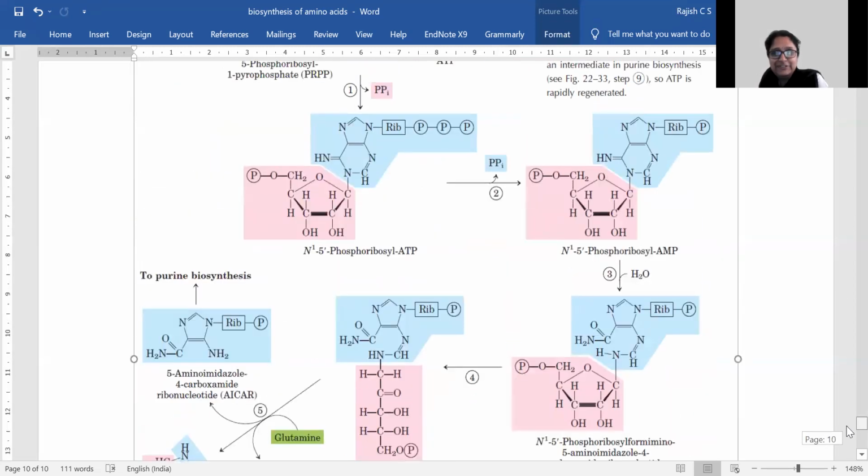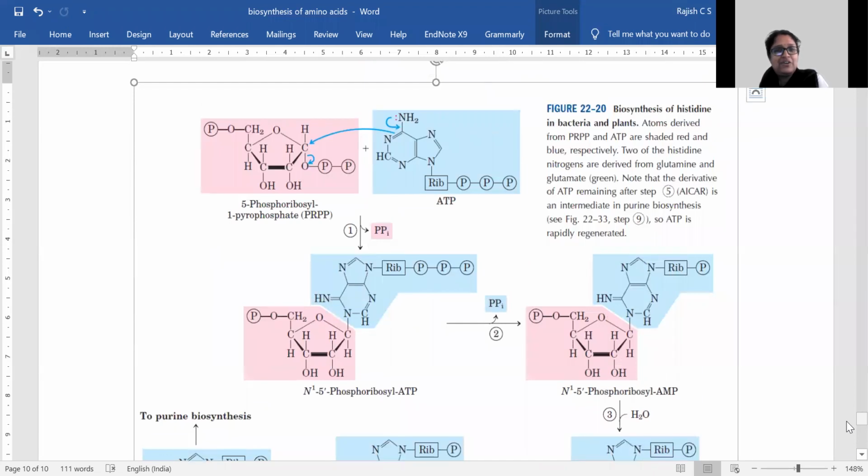Now, I know that it's quite complicated, but these ring structures have to be remembered. So I'll give a recap of this again. We have the phosphoribosyl pyrophosphate and ATP that will be combined by the PRPP ATP transferase.